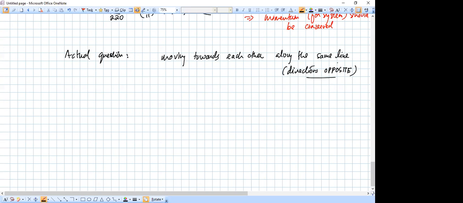It should not say same direction, it should say same line, directions opposite. So for that situation, you will see that it actually looks like this. The velocities are directed towards each other, but along the same line. So the line of motion is the same, but the directions are actually opposite. Same values.